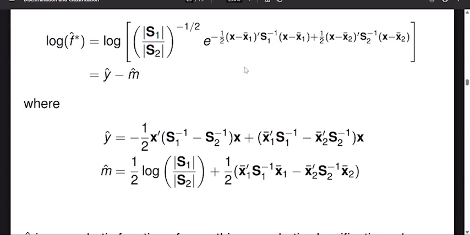And when you take the log of the exponential, because the log we're taking is a natural log, the exponential is going to disappear. After simplifying all of that, the log of the estimate of the function can be written as just this, where this guy is that and that guy is that.